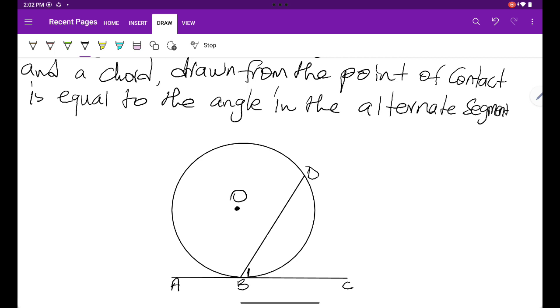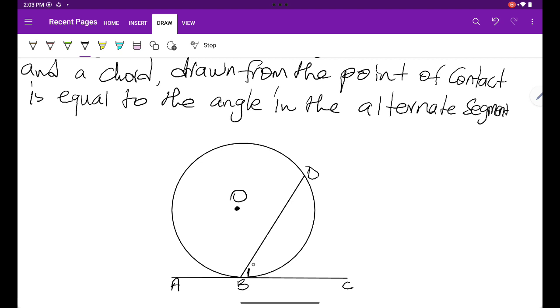So they're saying we need to prove that this angle which is between the tangent and a chord, B1, is equal to the angle in the alternate segment. So meaning our chord BD in this case is actually subtending two angles, one in the major segment and the other one in the minor segment.